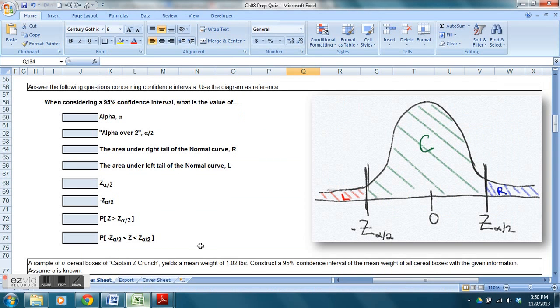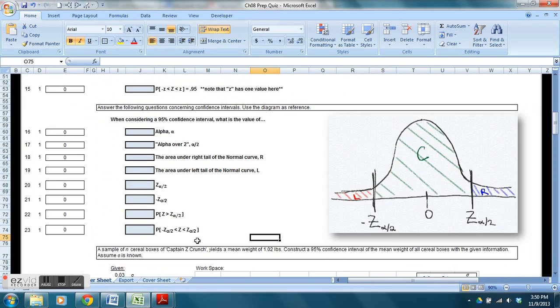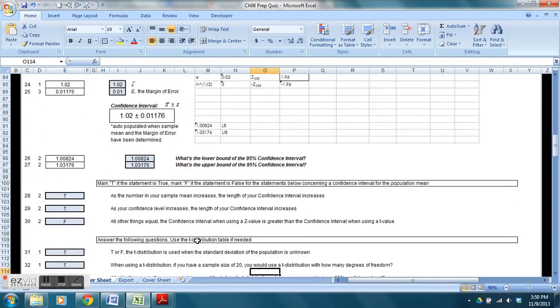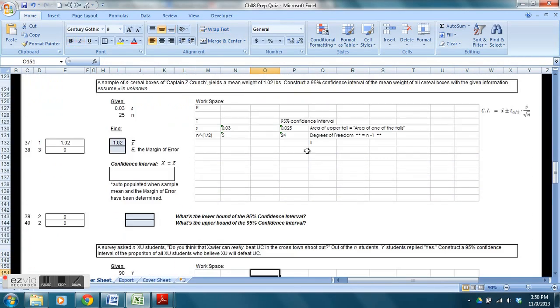Let's go back to Excel. Zoom out a little bit. And honestly, we should keep these small. So our T variable is 2.093, and I want to make that small.